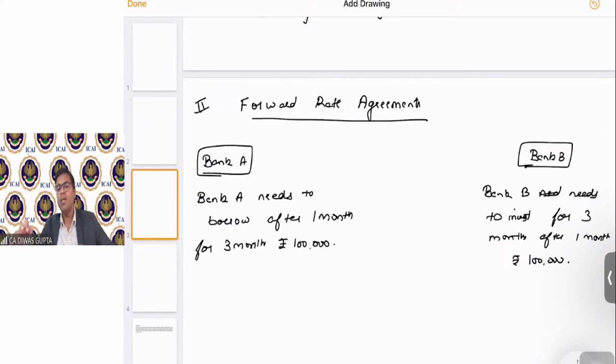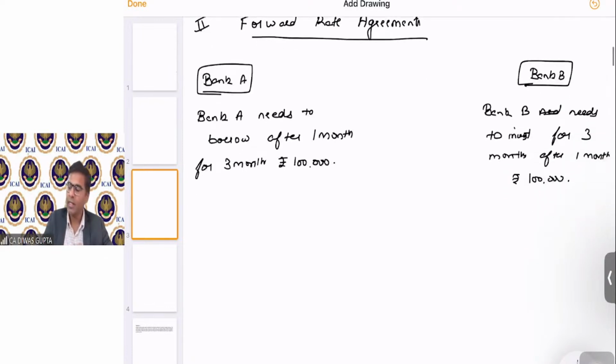Now, Bank B, on the similar side, needs to invest, but not today. After 1 month, it needs to invest. And the duration is also 3 months, and the amount is similarly 1 lakh. Okay. So now both the positions are clear for these banks, students.